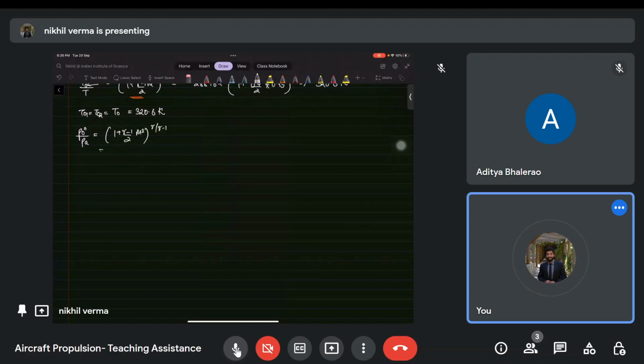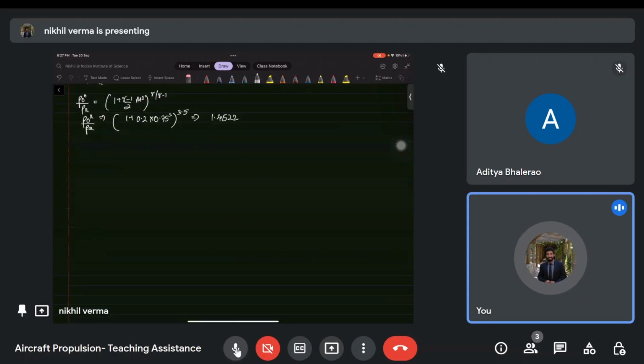If you substitute this, you will get the ratio between P naught and PA as 1.4522.